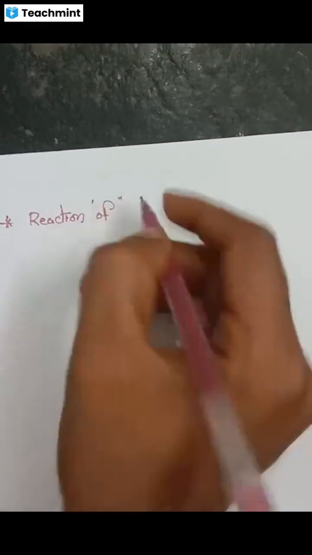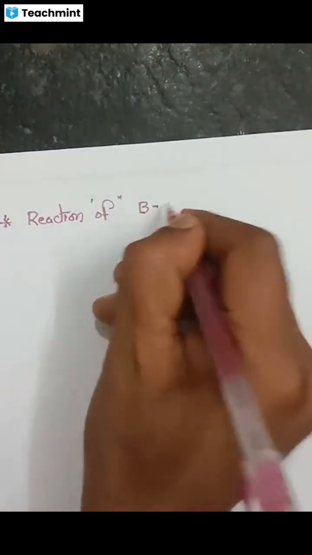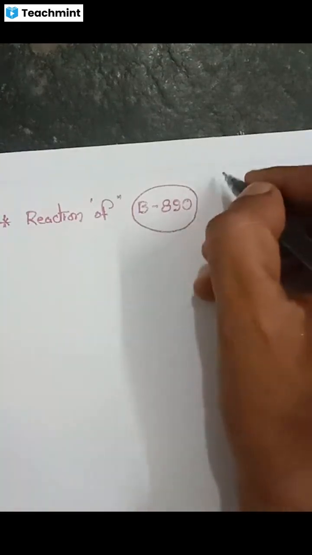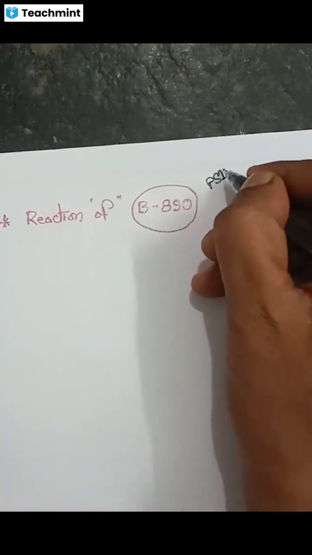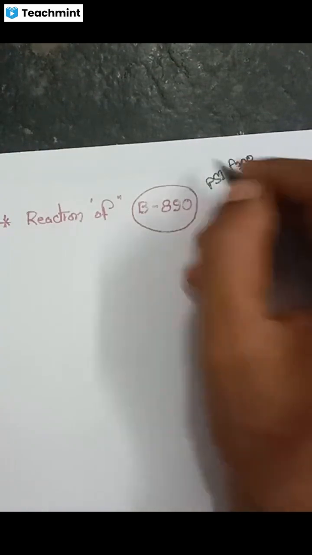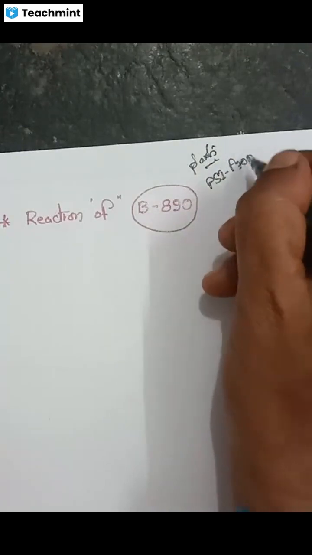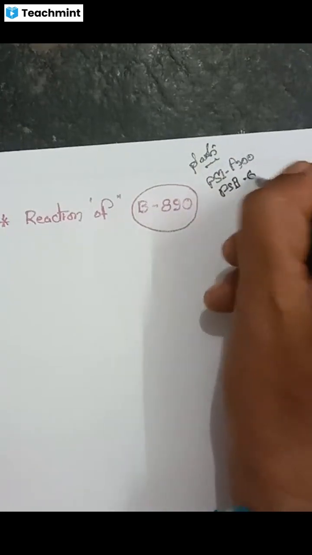Another key point is the reaction center. The reaction center of bacteria is B890. In plants, the reaction center is P700 in PS1, and in PS2 it is P680.